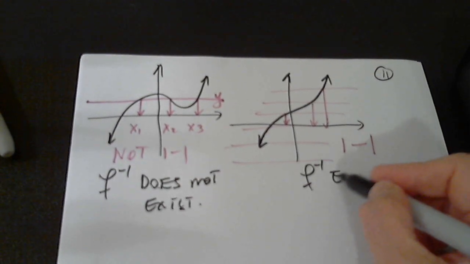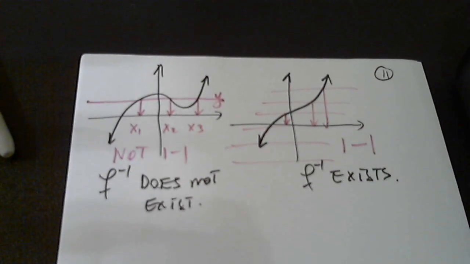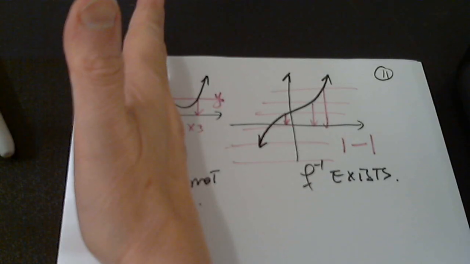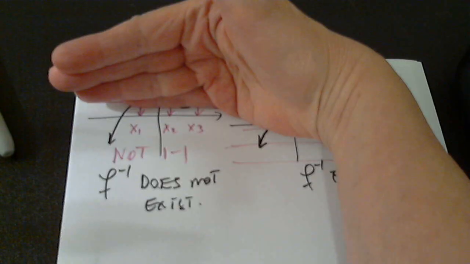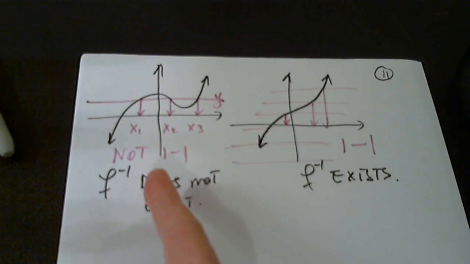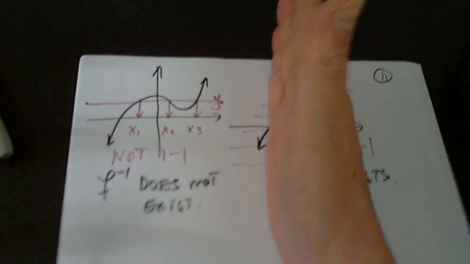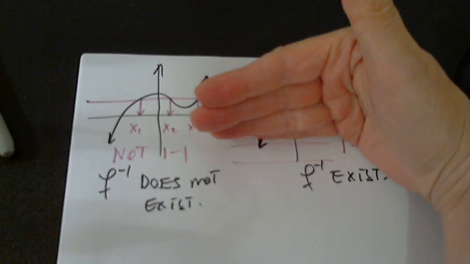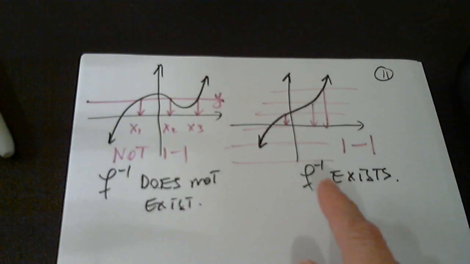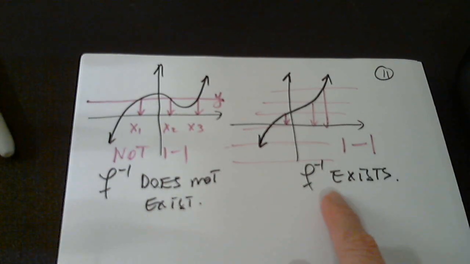F inverse exists. So what does one-to-one mean? Not only for each x there is only one y, but also for each y there must be only one x, which is not the case here. For every x value there is only one y. It's a function. For every y value there is only one x. In addition to being a function, it also is one-to-one, so it has an inverse function.